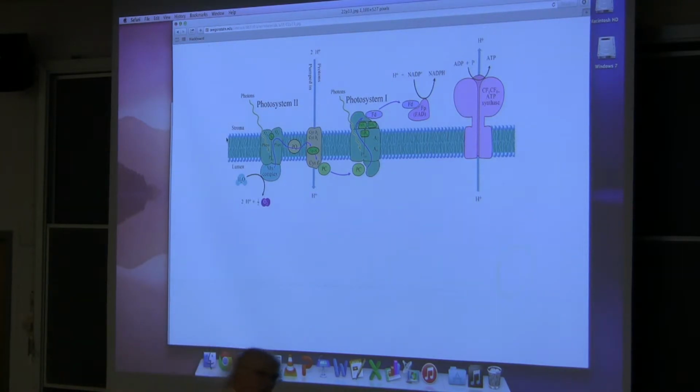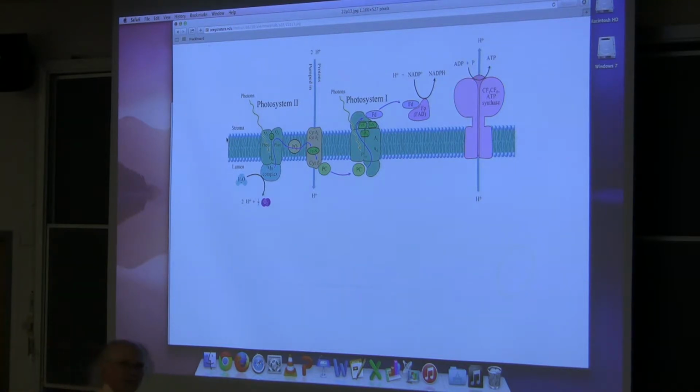The last part of this process is that this proton gradient that's created passes through an ATP synthase that is almost identical to the one that's in your mitochondria. It has a mushroom shape like the one in your mitochondria. It has a spinning component like the one in your mitochondria. It makes ATP like the one in your mitochondria.